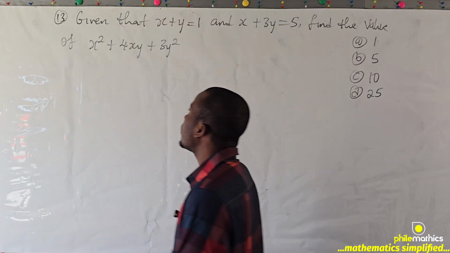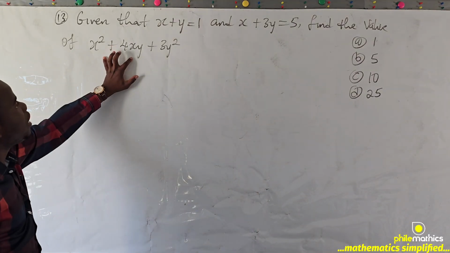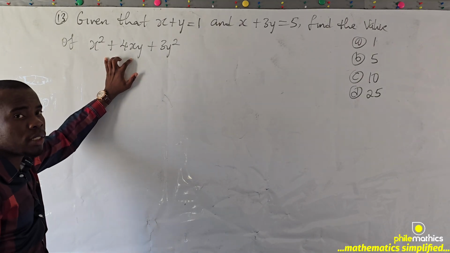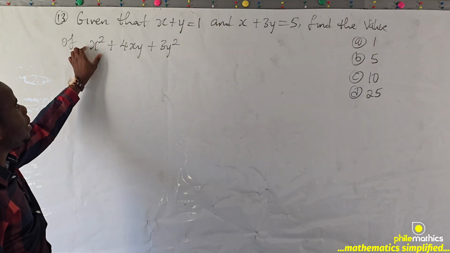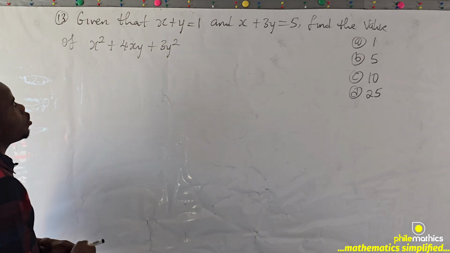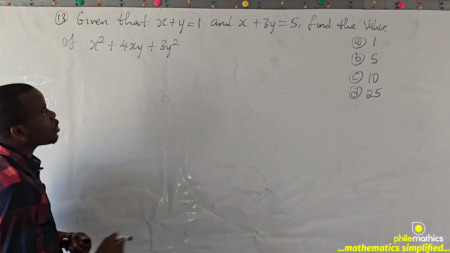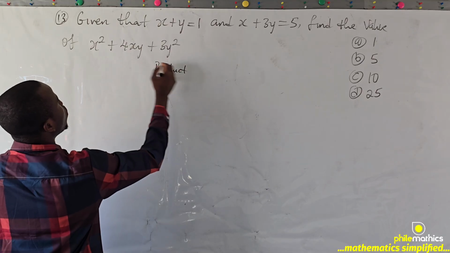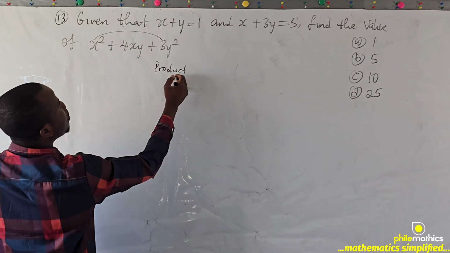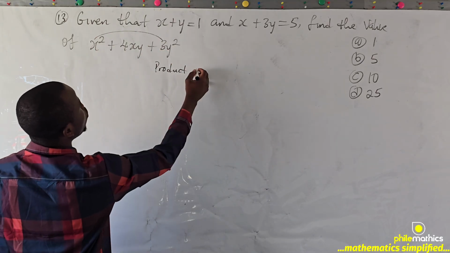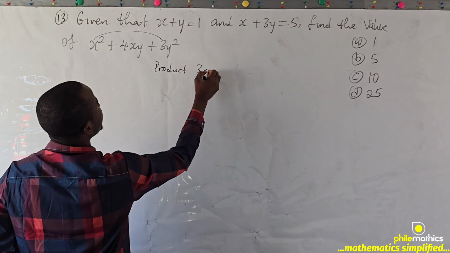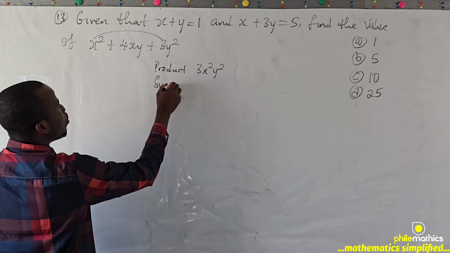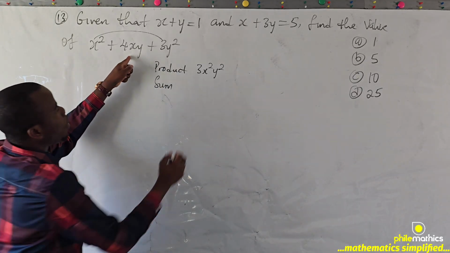Let's see. If we factorize x squared plus 4xy plus 3y squared, remember how we do it. We multiply this first term with this last term, and then we look for two numbers such that the product will be this product of these two, which is 3x squared y squared, and their sum will be 4xy.